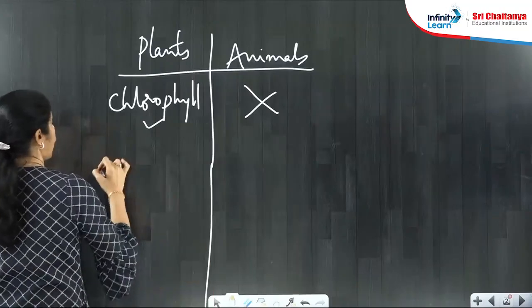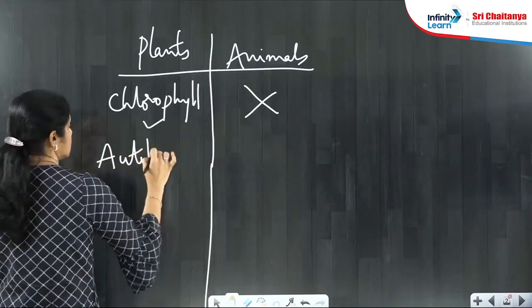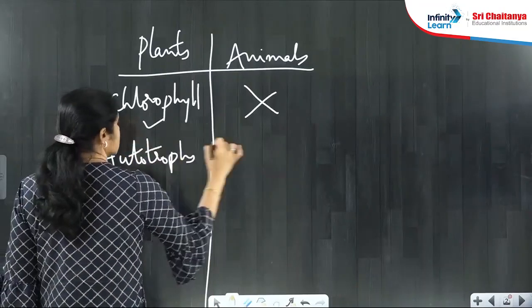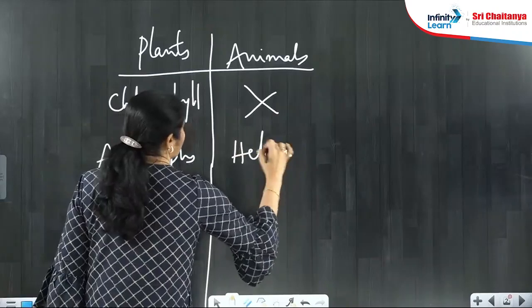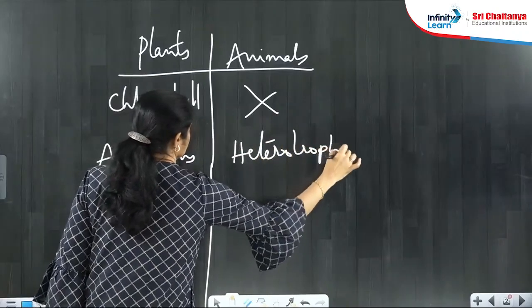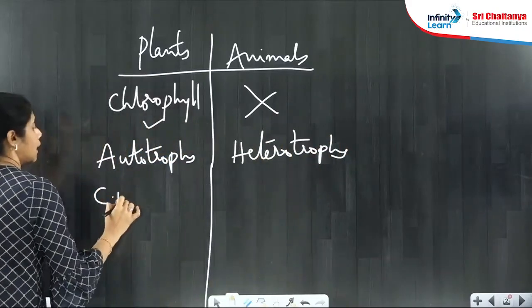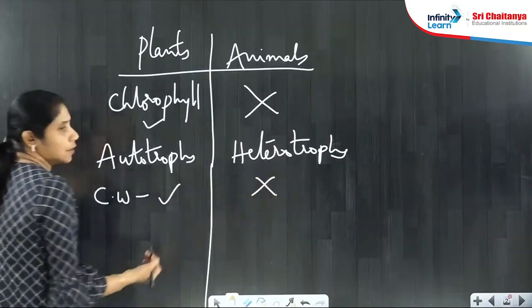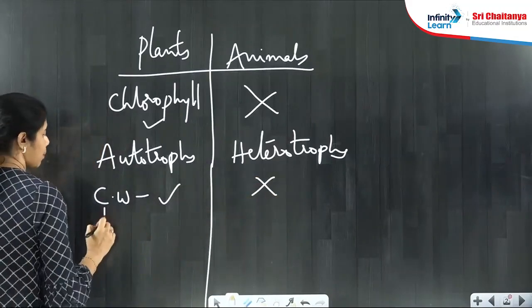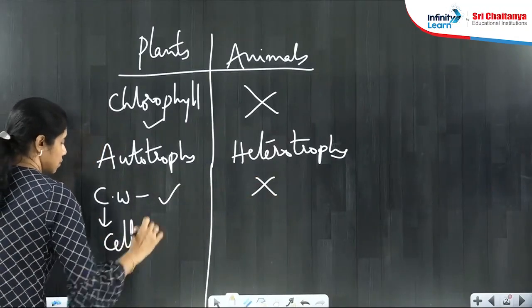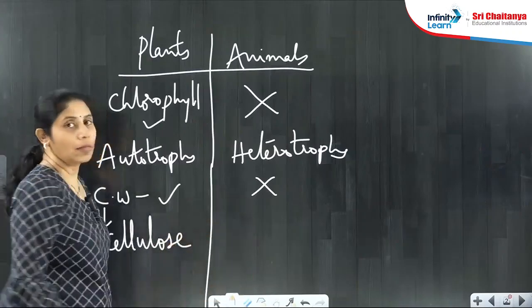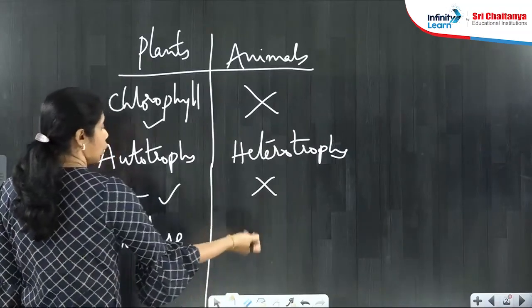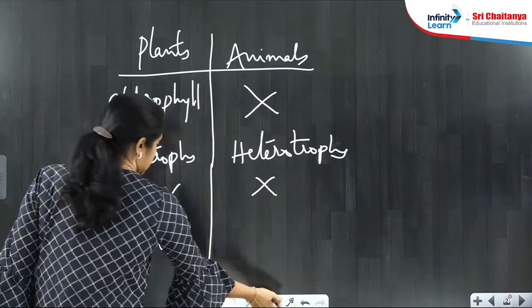Plants are generally autotrophic, but animals are heterotrophs. Plants contain a cell wall, and it is absent in animals. Here the cell wall is made up of cellulose, and in animals the cell wall is absent, so no cell wall materials will be there.